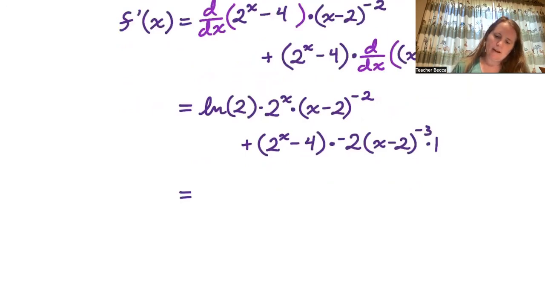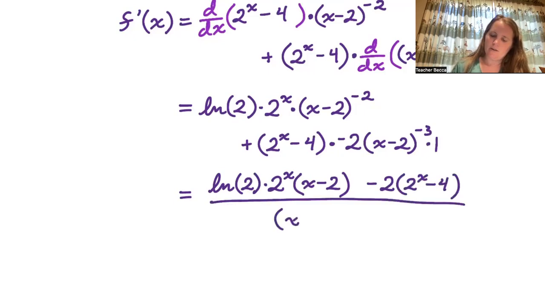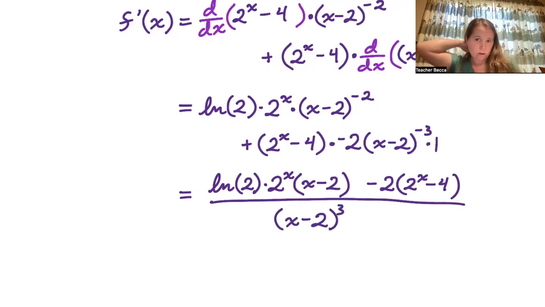So we are looking at essentially natural log of 2 times 2 to the x times x minus 2 minus 2 times 2 to the x minus 4 all over x minus 2 cubed, if we wanted to rewrite that as one fraction with a common denominator.